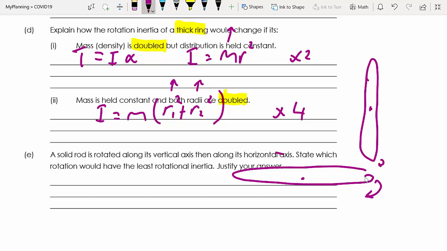Which one would have the least rotational inertia? Clearly it's going to be this one, because the radius here is really, really small. R is small, so I is small. Here the radius is large, so I is large. That's the end of that page.